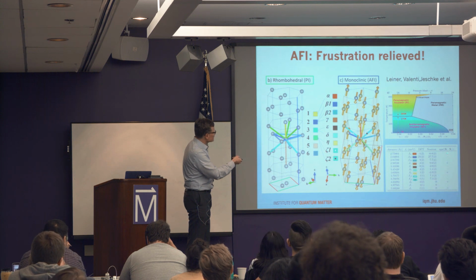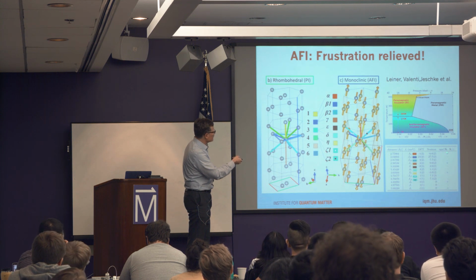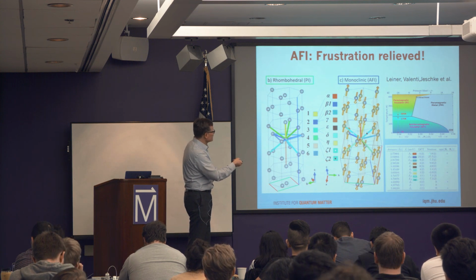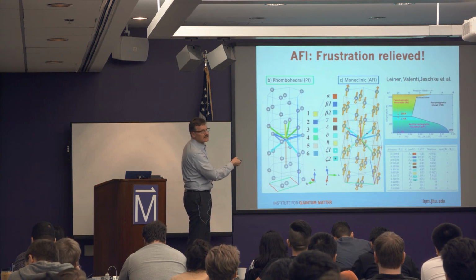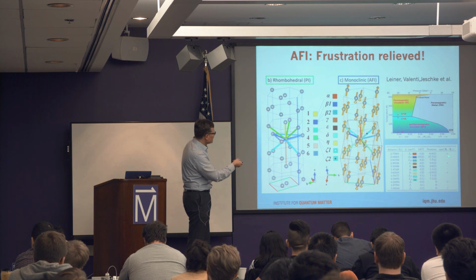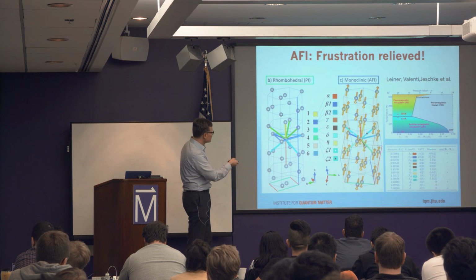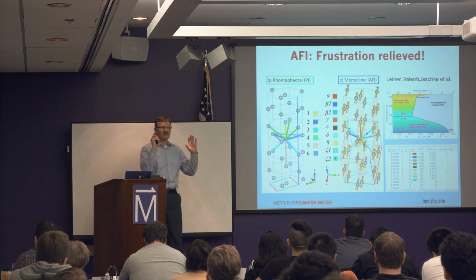And you see that these spins are actually ferromagnetically oriented or ferromagnetically correlated. Correspondingly, the exchange constant has a negative sign. So that's a ferromagnetic interaction. And then here we have an antiferromagnetic correlation, but then we also have an antiferromagnetic interaction. So every single one of these interactions is well satisfied.